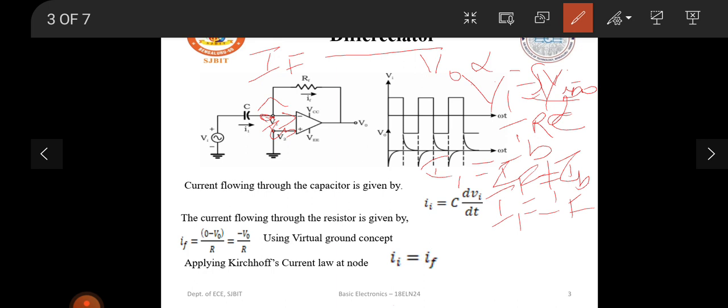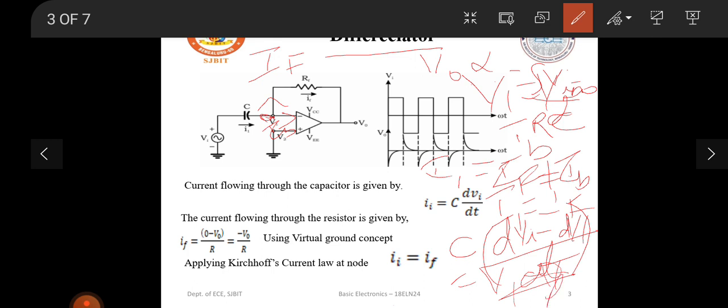We know the current expression in terms of C: I equals C into dV by dt. So I1 is C into d(Vi minus V1) divided by dt, which is equal to IF. IF is nothing but (V1 minus V0) divided by Rf. This is the expression we get for IF.